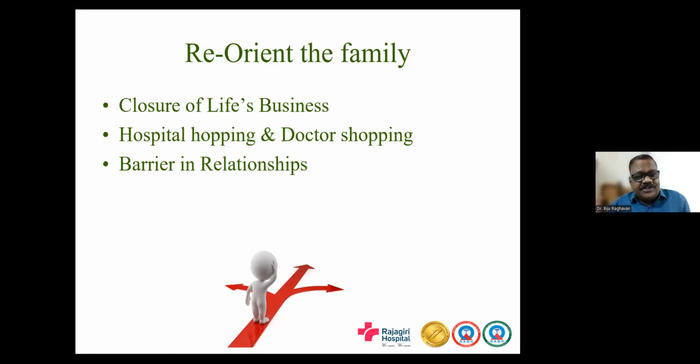The patient will have a chance to do things, to finish off things that he or she would have wanted to. It will prevent unnecessary hospital hopping and doctor shopping, because once the patient knows what is the truth, then the patient will cooperate. And also it will give you all a chance to have real relationship, not fake relationships.